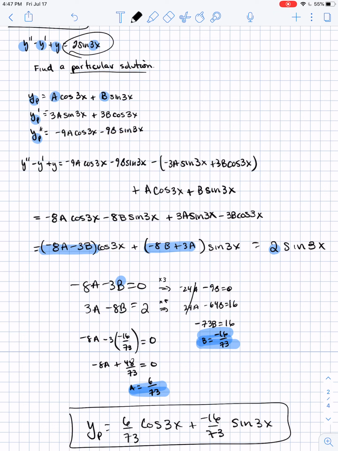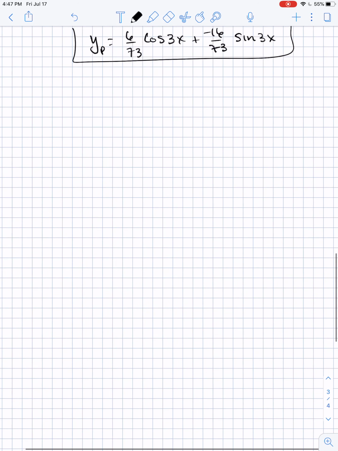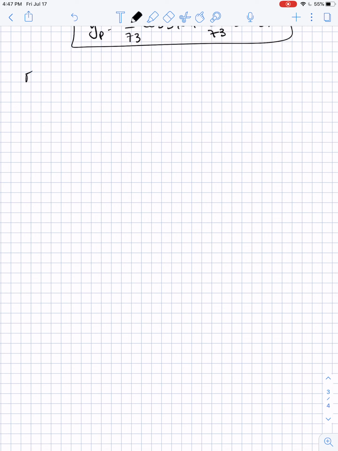Now example 3. I'll do all the steps this time to find a general solution. So if you have y double prime minus 2y prime minus 3y equals, now this function, take each thing separately.